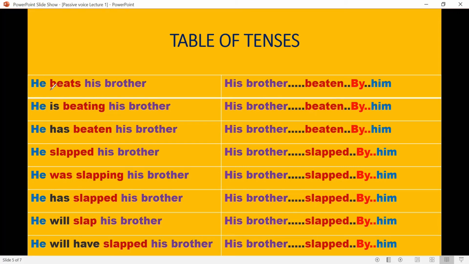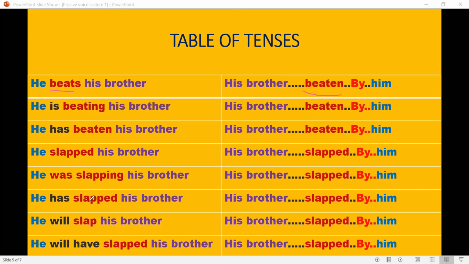This form is changed into third form. You may observe that this is beats, present indefinite. This is beating, present continuous. This is beaten, present perfect. This is slapped, past indefinite. This is slapping, past continuous.